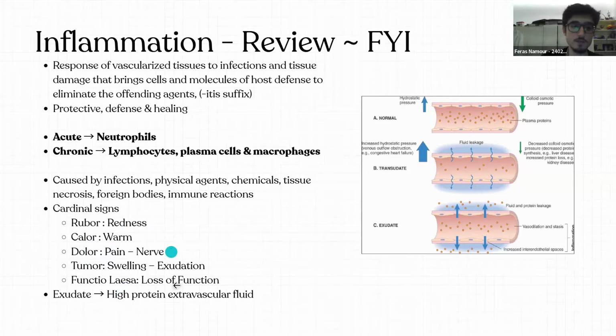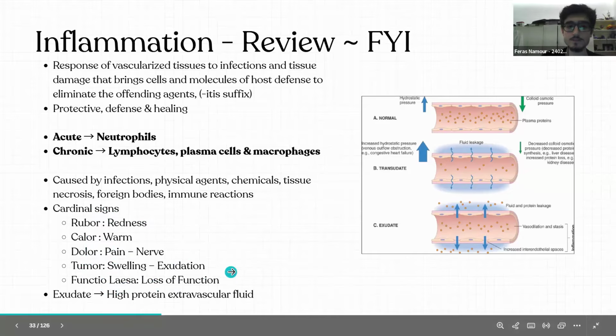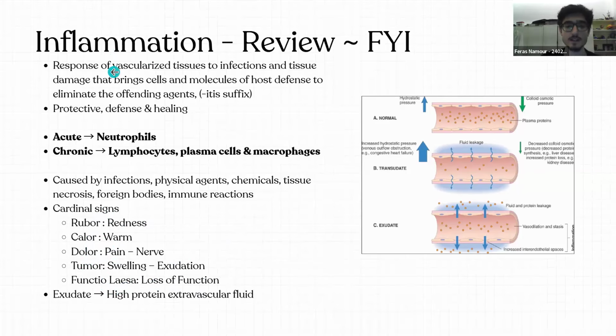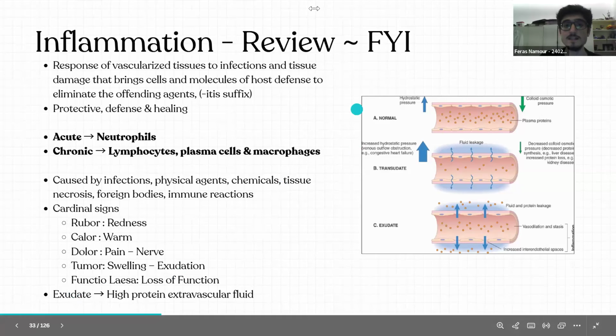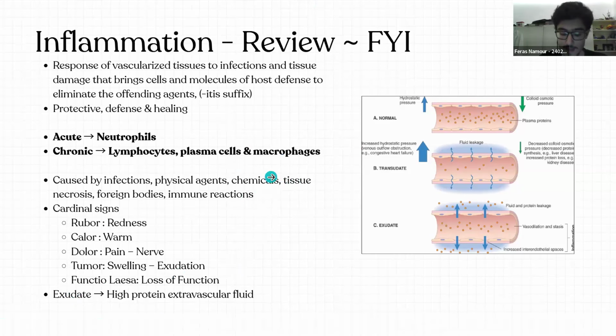When you get a patient, you should be able to at least identify immediately if there's superficial inflammation. Another unique thing to inflammation is the presence of exudate. Now, exudate is basically edema or extravasation of fluid with high protein. Why is that?